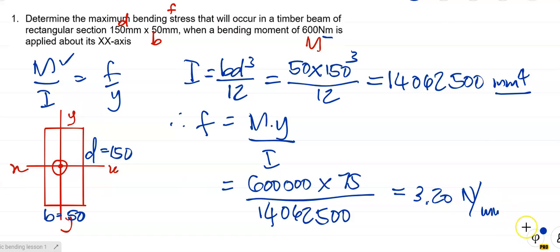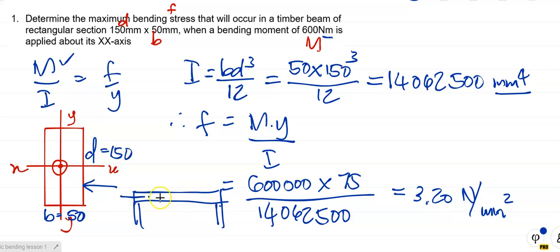Okay, so determine the maximum stress that will occur in the timber beam at that moment about its x-axis. Of course, if I drew a side view, the beam is sitting like this, and there are its supports roughly, and there's the x-axis or the neutral axis running over there, and that height is the 150 millimeter height.